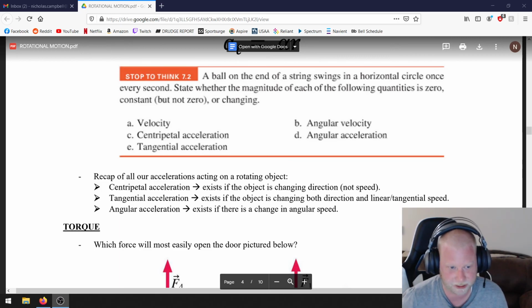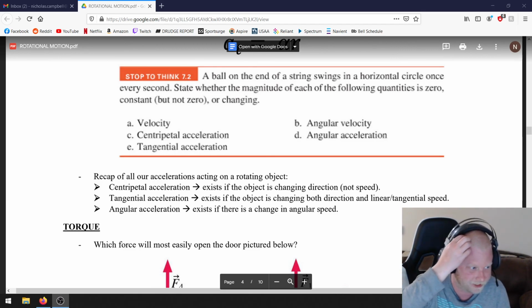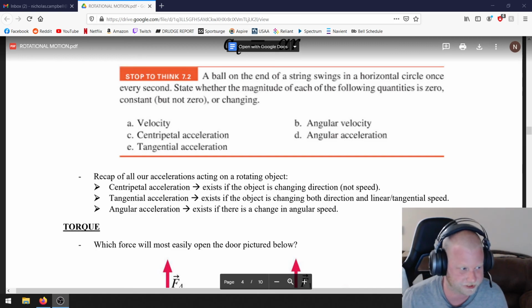D, angular acceleration would be 0 because the angular velocity is constant. And E, tangential acceleration, that would be 0 because the linear velocity of the object is constant. So the answers again would be changing, constant, constant, 0, 0.